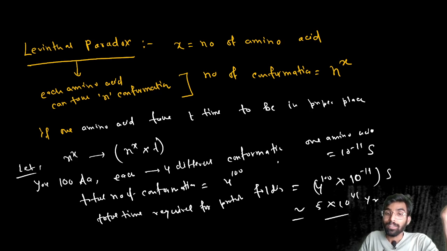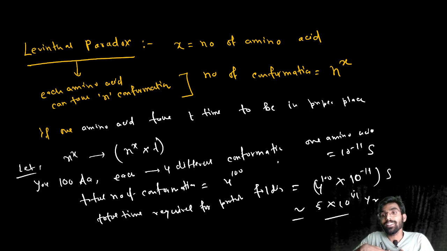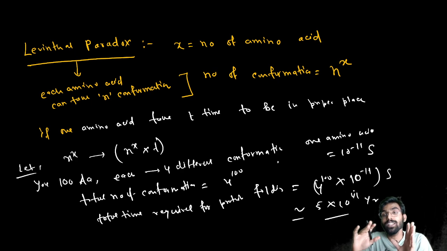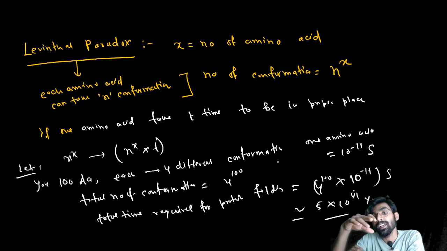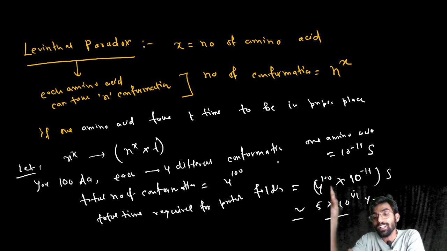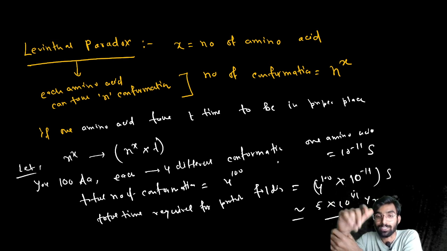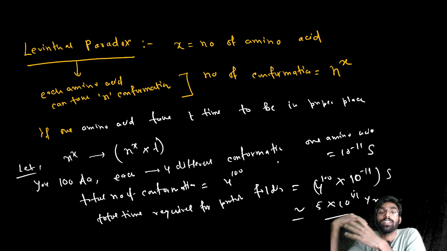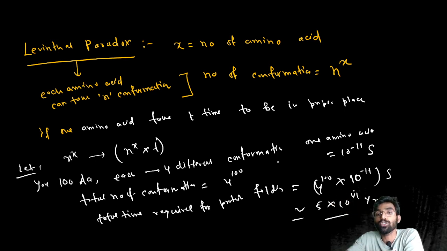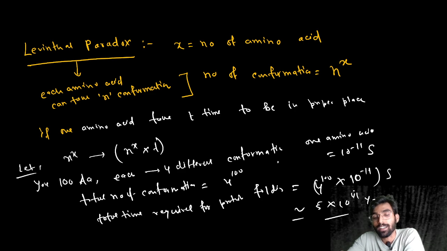Okay, but if a protein containing only 100 amino acids is taking that many years, then how is it so random that within a quite small fraction of a second the protein is synthesized, then folded, then exported to a particular place, and functioning well?